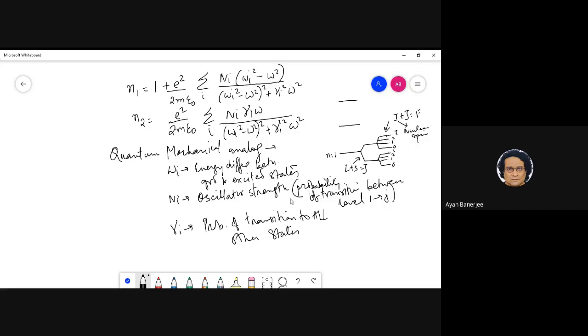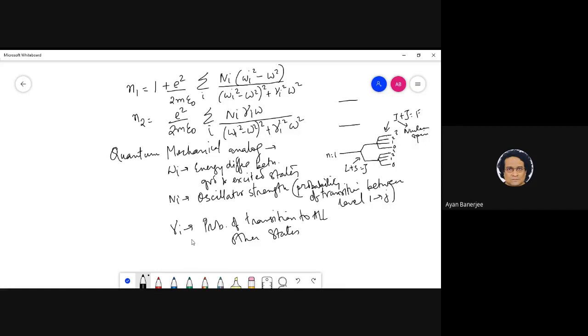So how far the incident light is detuned from this exact transition dictates what this oscillator strength will be. If it is exactly on resonance, we have a large oscillator strength, and if it is not, then it will be less.